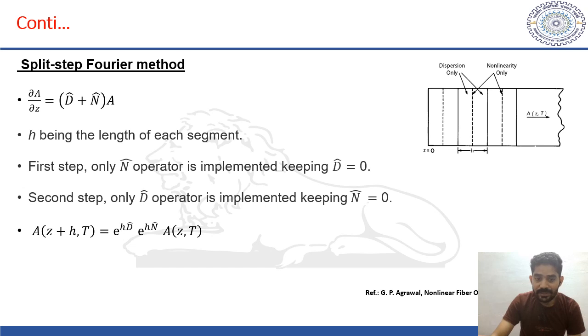This alternately calculates, so when N is nonzero, D is 0. That way we can calculate it. Here we can get a new envelope at distance z, given the condition of our input pulse.